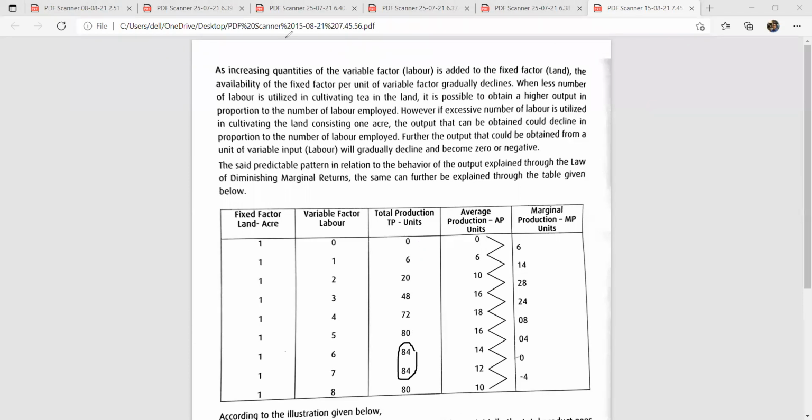Later on, output decreases; total production even falls. Average production, simply, is how we calculate the productivity of labor: total production divided by the number of workers involved.